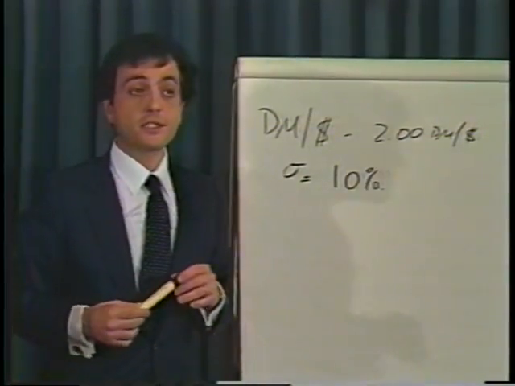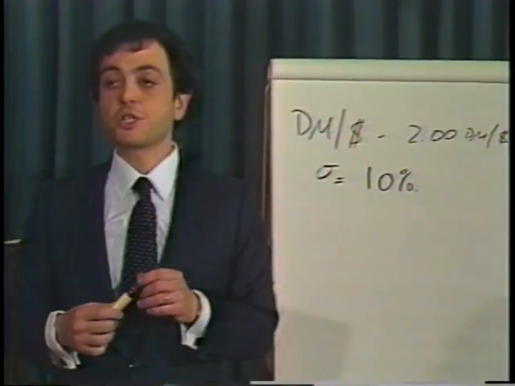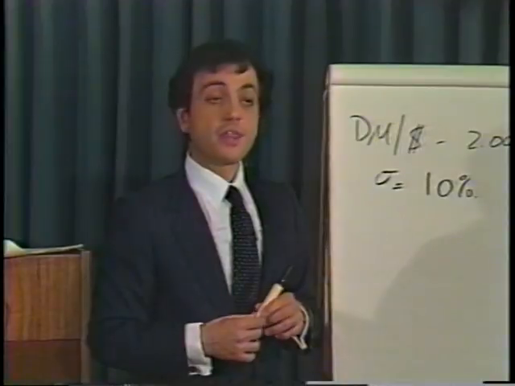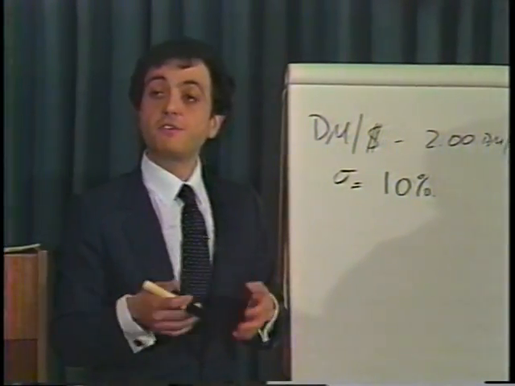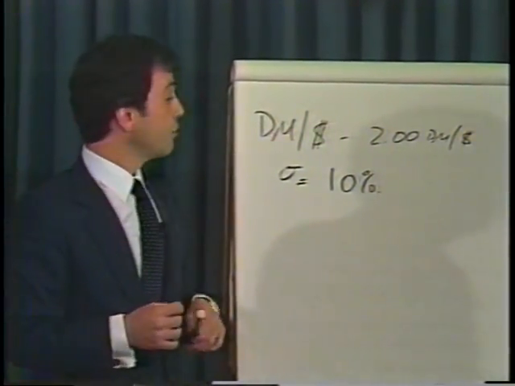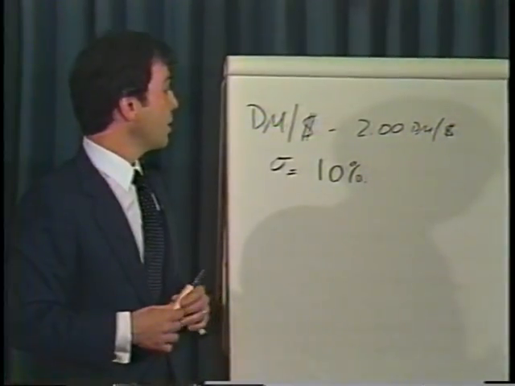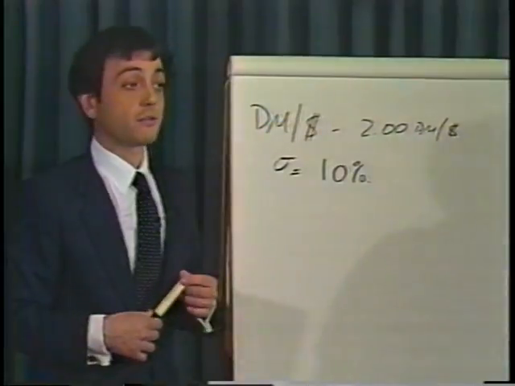So that means that if 1 year Deutsche Mark options are selling at 10% volatility, that means that we have 95% confidence that the Deutsche Mark dollar rate will be within 2 DM to the dollar plus or minus 20% of that 1 year out. Okay?